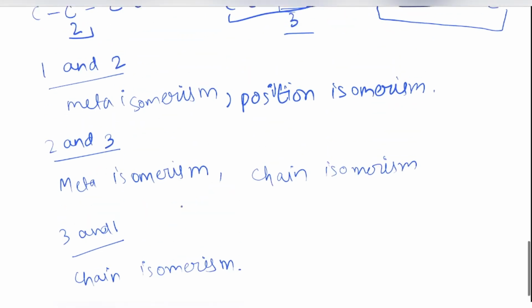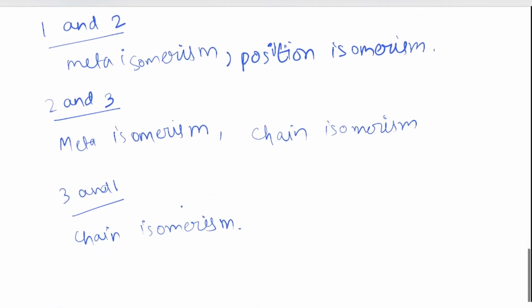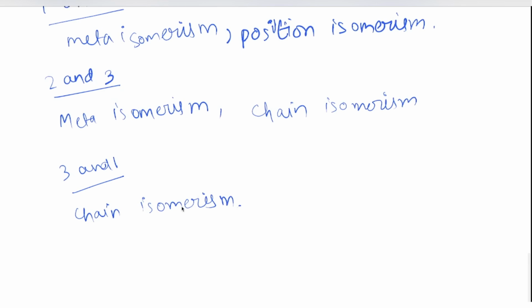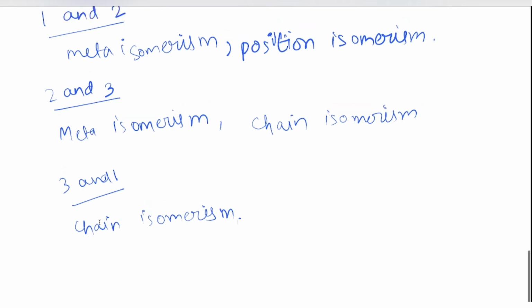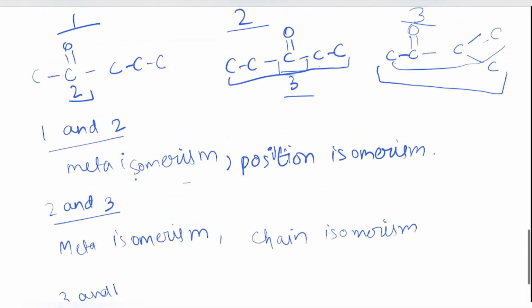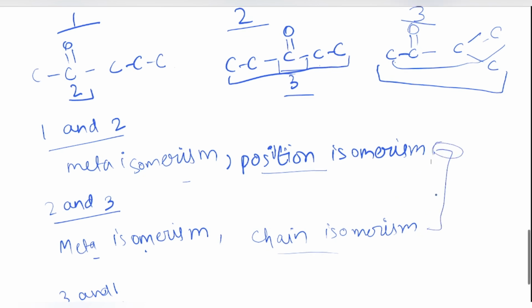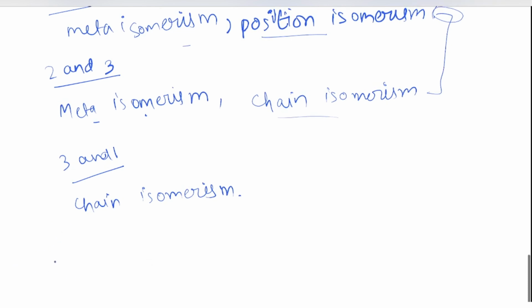So we can conclude that chain and position isomerism will never coexist together. As in position isomerism, chain will have to remain the same. As we saw, we can see meta-isomerism in them, but either position or chain isomerism will exist. Both cannot exist together, because for position isomerism the parent chain should be the same. I will write it.